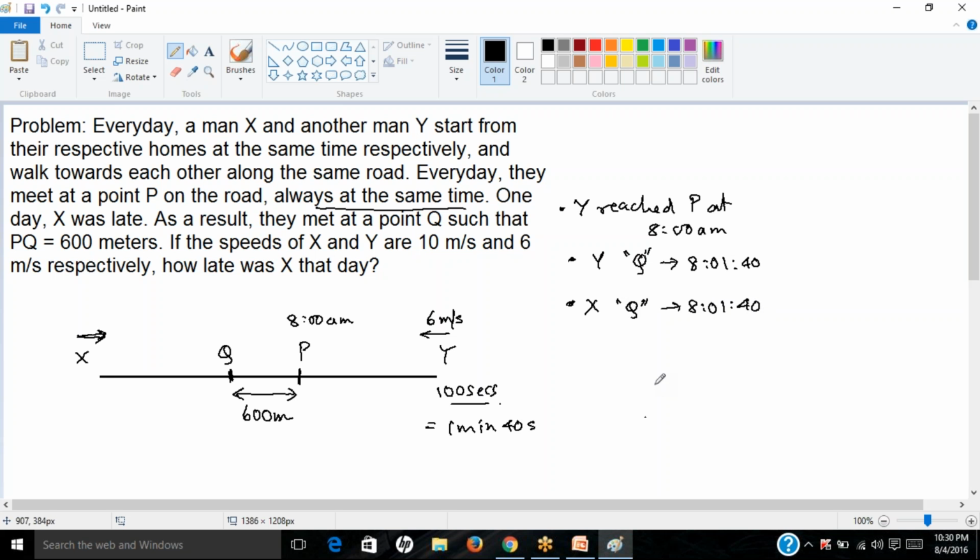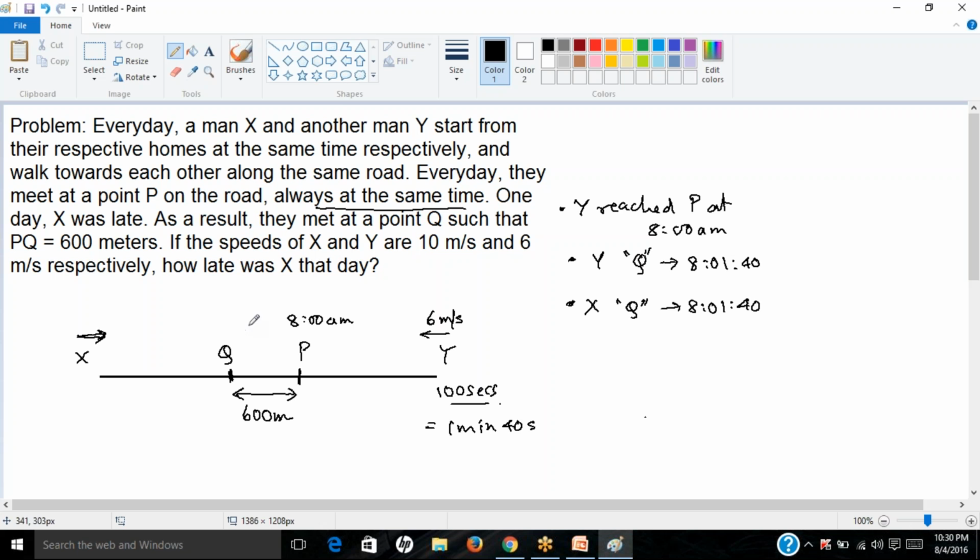Because X and Y are meeting at point Q, so the time on the watch of Y and the time on the watch of X must be the same. So if Y reaches at 1 minute 40 seconds past 8, then X would also reach Q at 1 minute 40 seconds past 8.